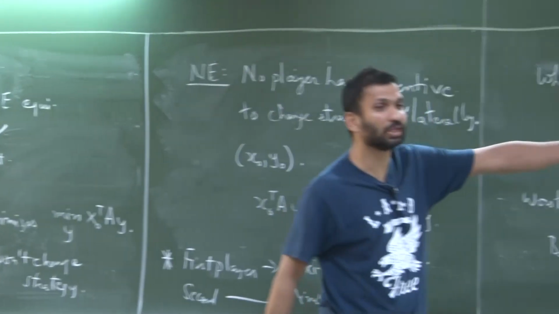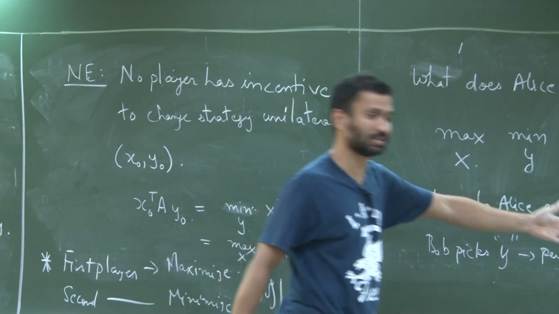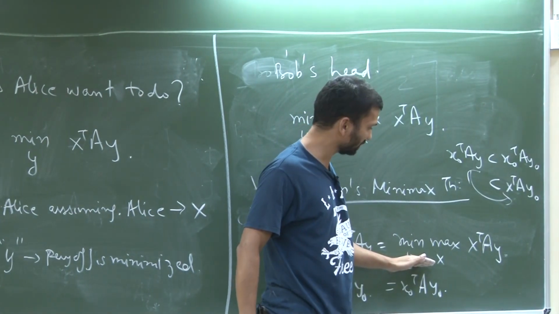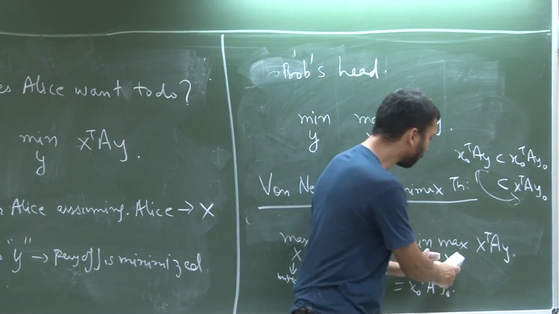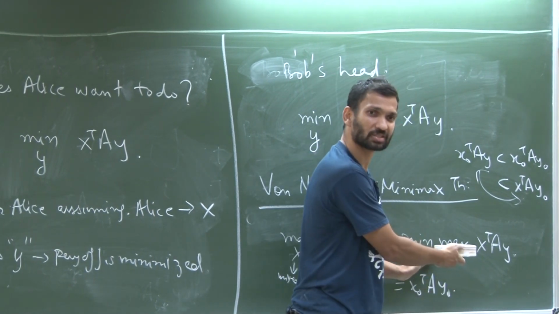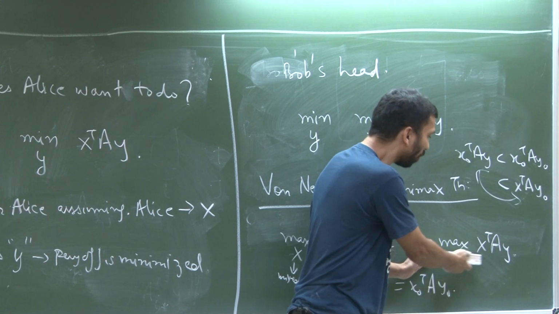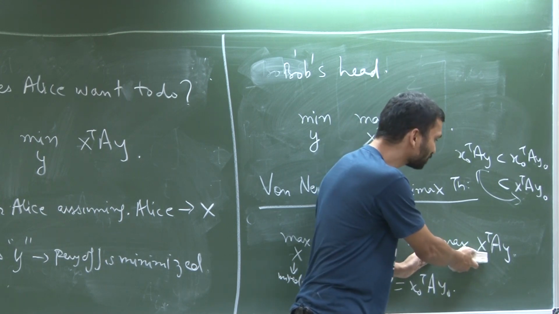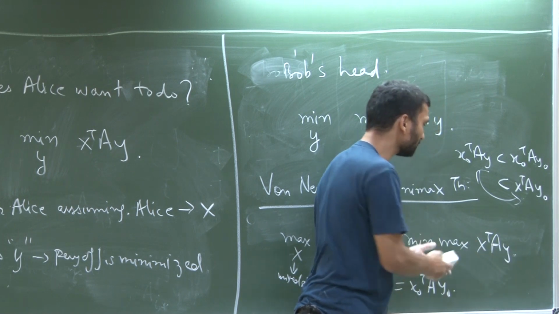And the same thing you can do for Alice. You fix y naught, Bob's strategy is fixed. There is no point for Alice to change x because she is already getting the maximum payoff. She is getting x naught transpose A y naught.